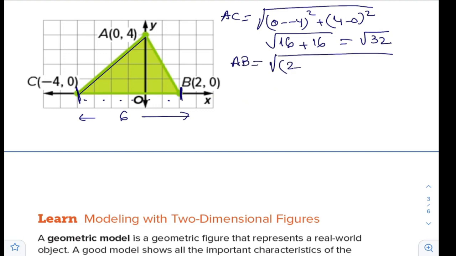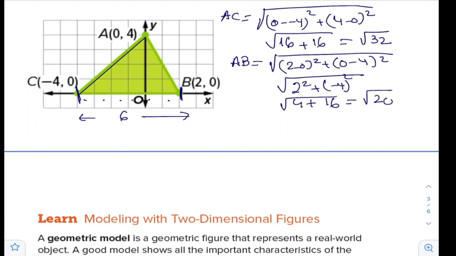You can do it with me. And now that perimeter, you add square root of 32 plus square root of 20 plus the 6 that we found before. Square root of 32 plus square root of 20 plus the 6, it gives 16.1 centimeter.